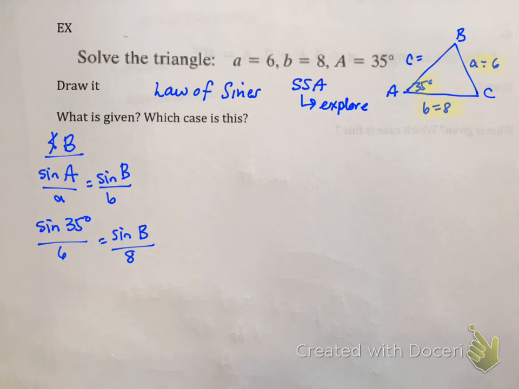All right, so the next step is to use cross multiplication, and I get 8 times sine of 35 degrees equals 6 times sine of angle B. Solving for B, I get inverse sine of 8 sine of 35 degrees over 6.